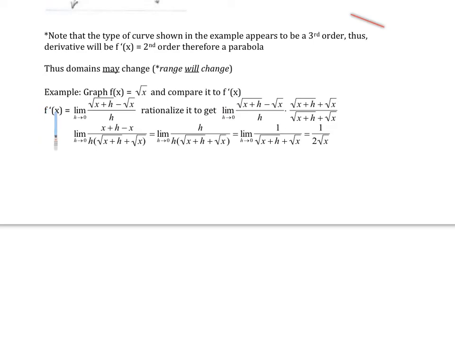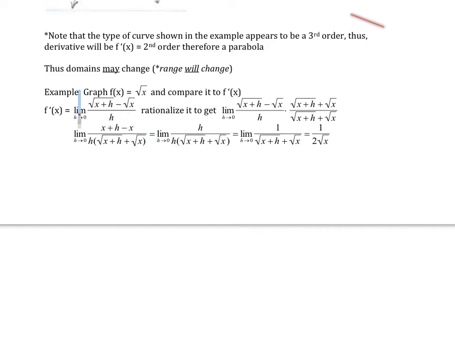So we know that f prime of x is the limit as h goes to 0 of, remember, f of a plus h minus f of a all over h. Well, here's f of a plus h. That's what I end up with. F of a plus h becomes square root of x plus h. F of a, which is just x, becomes root x, over h.